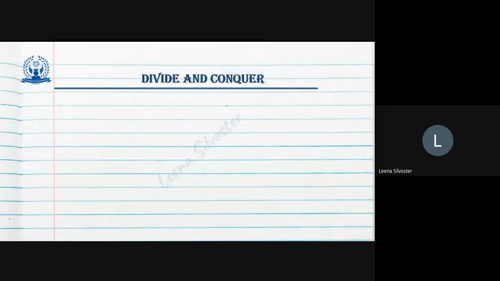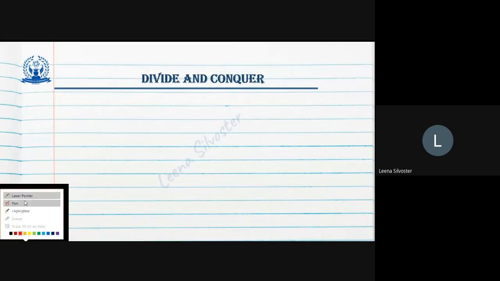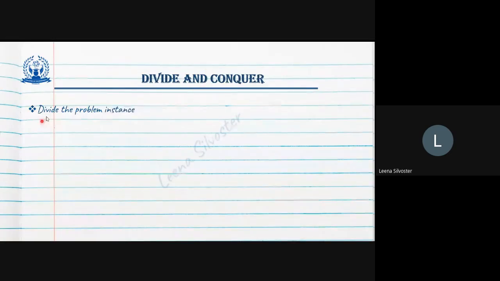Okay, actually merge sort uses a technique known as divide and conquer. So first of all, we will divide the problem into two or more smaller instances of the same problem. So we have a large problem. We will divide that large problem into smaller instances.